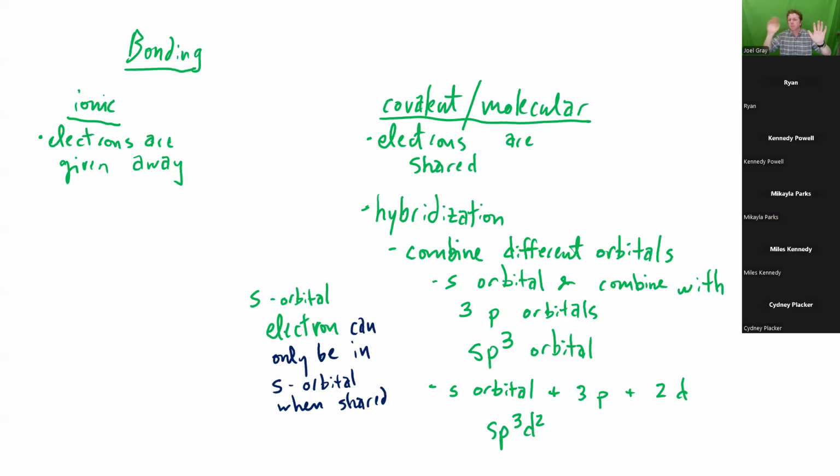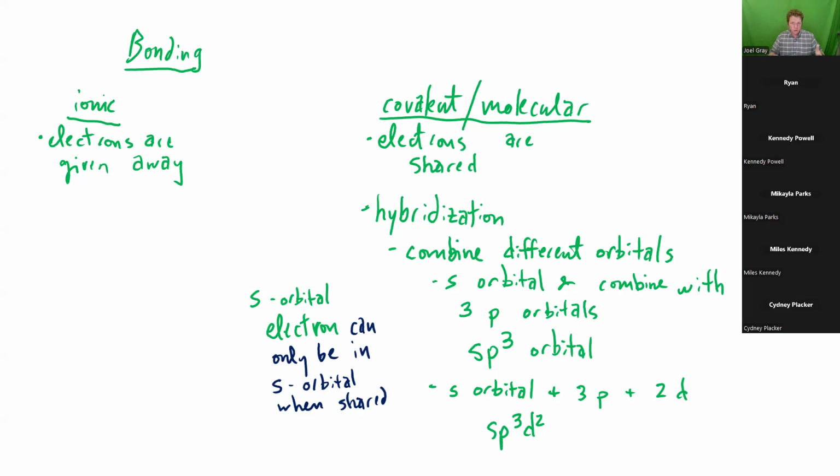It only has space in a p orbital. So the idea is, okay, well, an electron can't go from an s to a p orbital, but I think what's happening is that this atom is taking an s orbital and a p orbital, or multiple p orbitals, and kind of blending them together to make a hybrid orbital.